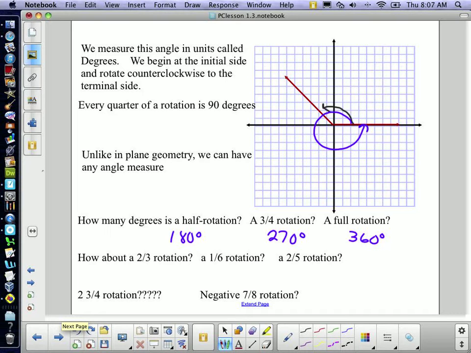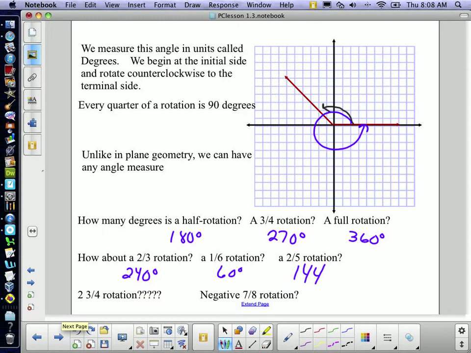Luckily, 360 is a number that divides easily by a lot of pretty simple fractions. Yeah, careful. 1/3 would be 120, so 2/3 would be 240. Good. 1/6 rotation, 60. 2/5 rotation, 144.